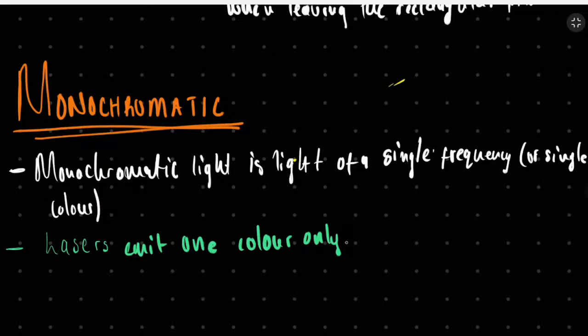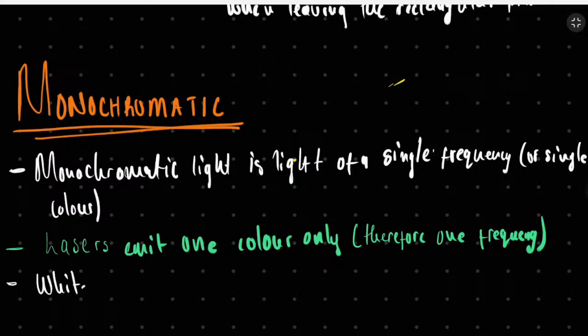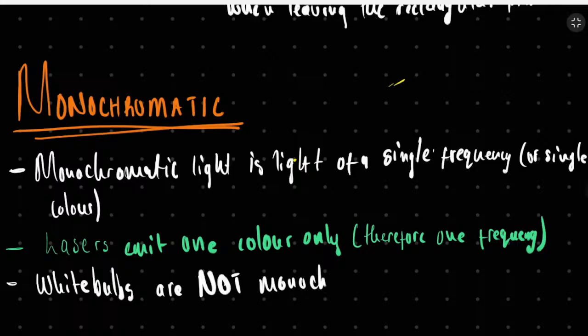Lasers emit one color only, therefore one frequency. So if they ask you why lasers are monochromatic, this is why. White bulbs are not monochromatic. They do not emit one color only. Are we together? Do you hear me? Yes.